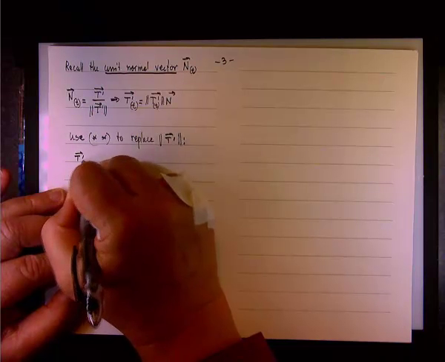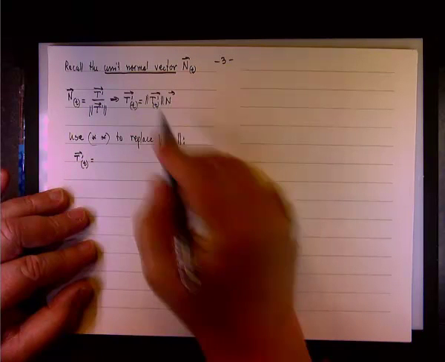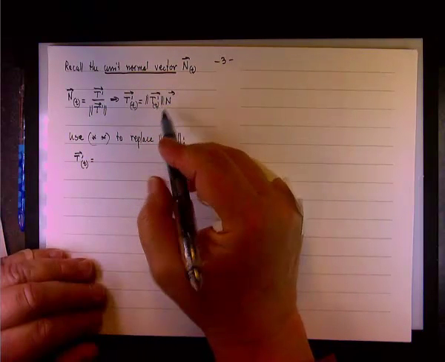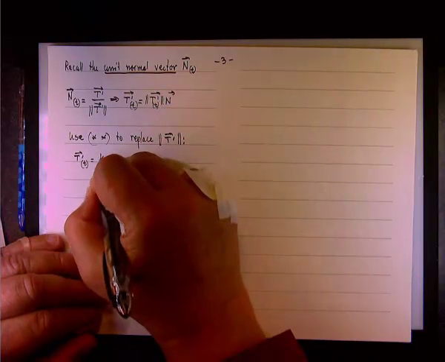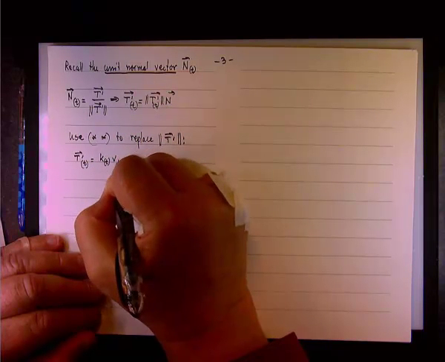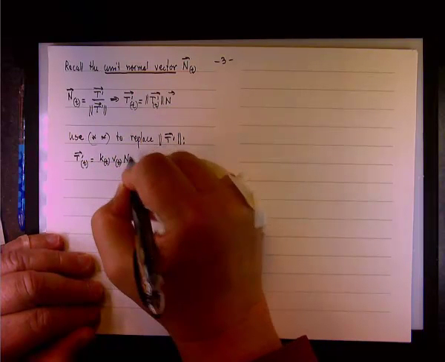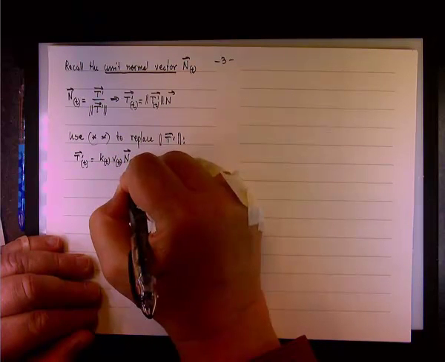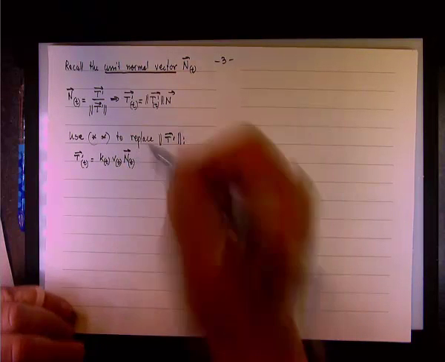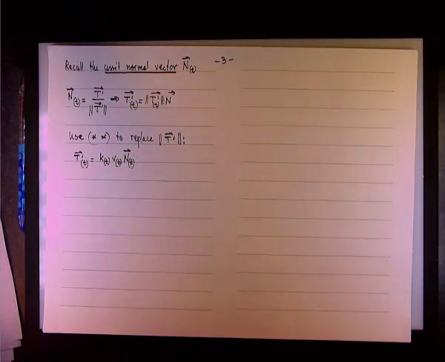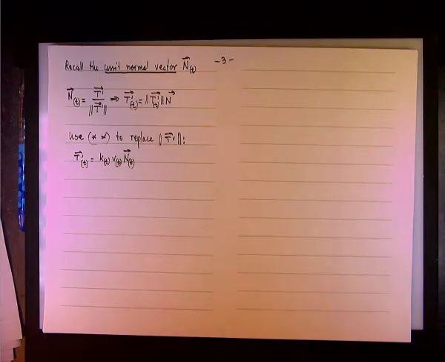Okay, now we plug in the double prime, because we have an expression for the magnitude of t, so use the expression to replace the magnitude of t prime.